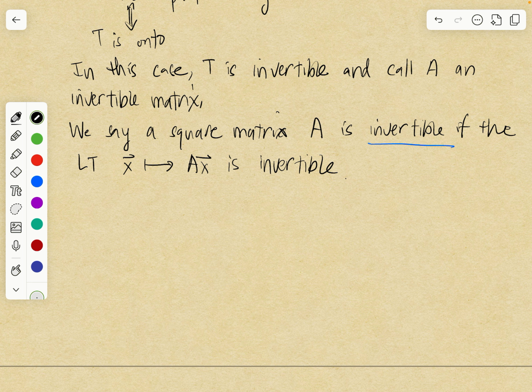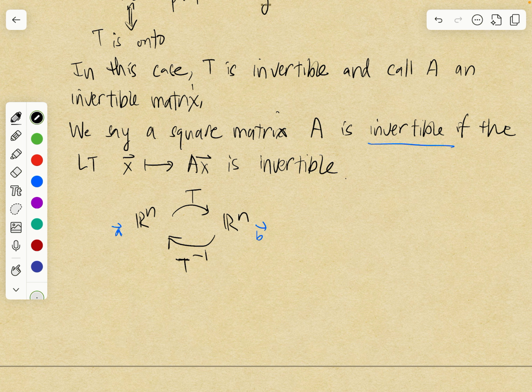Well, we know that if you have an invertible linear transformation T, then it'll have an inverse, T inverse, right? And what's that inverse function going to do? Let's say that T takes the vector A to the vector B. Well, T inverse is going to take the vector B back to the vector A, right?